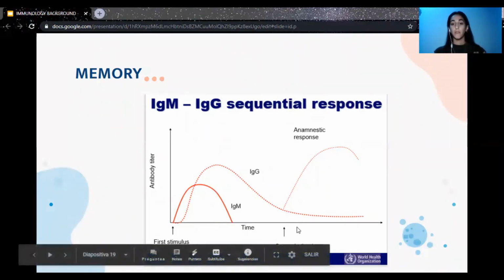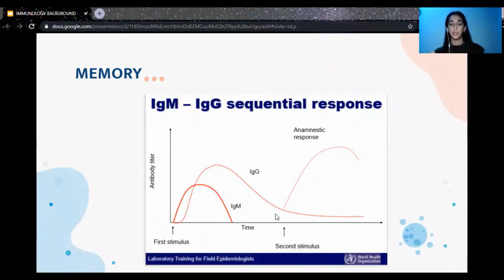If I encounter the virus again, here we can see the second stimulus, my body doesn't have to secrete IgM and prepare again to have a better antibody. My body already has a better antibody, the best one, the IgG that it already prepared.